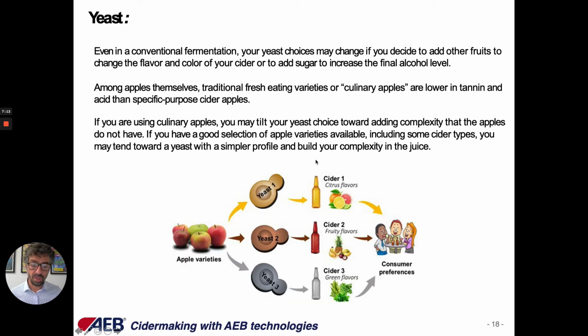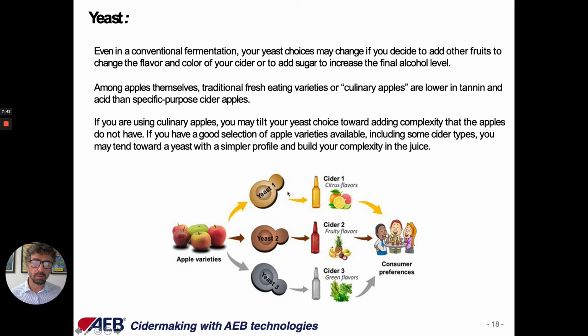So which kind of yeast do we want to choose? This depends on the character of the cider that we want. Starting from the apples, we can decide to use very bland, fresh eating varieties like culinary apples that are lower in tannin and acid, or we can use the very traditional bitter apples, rich in tannins, that have a lot more character.